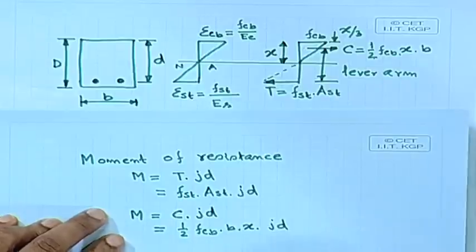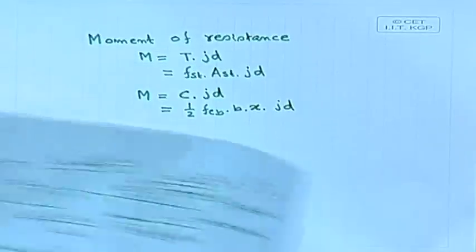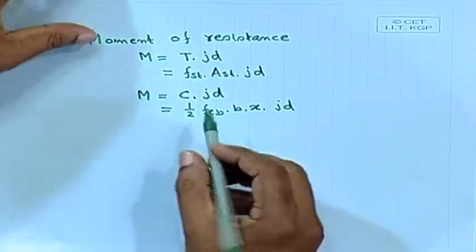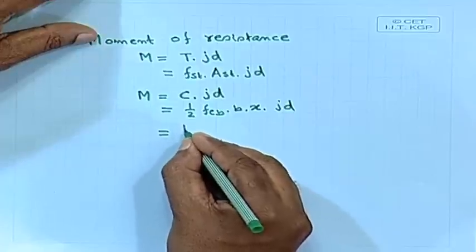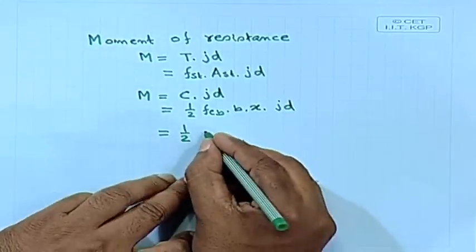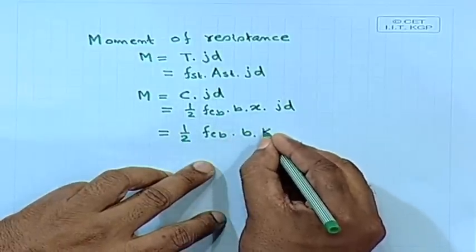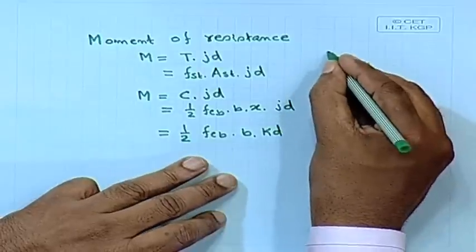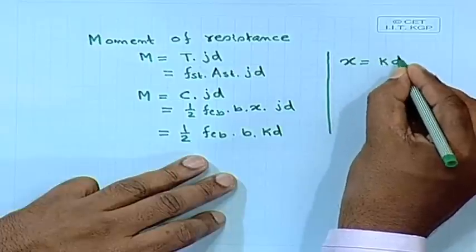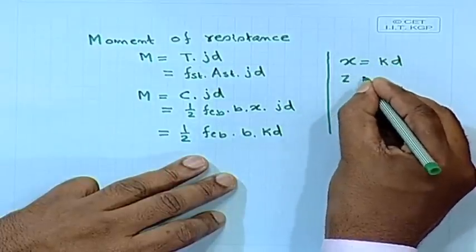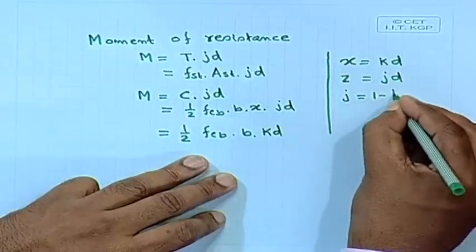Now we can work this out, because this is simply a little bit of arithmetic. So, M equal to C times JD, which equals half fcb times b, and x is nothing but KD, as I have already told. Let me write here: x equal to KD, Z equal to JD, J equal to 1 minus K by 3.